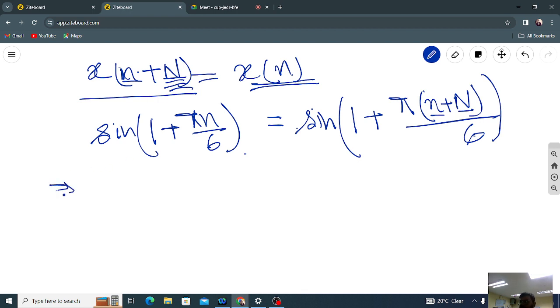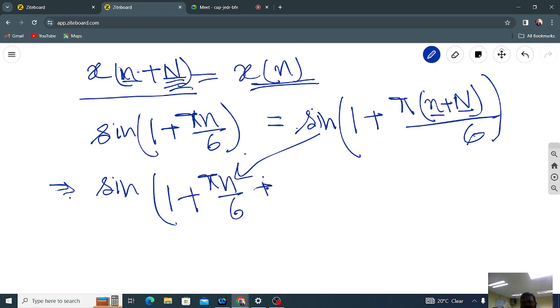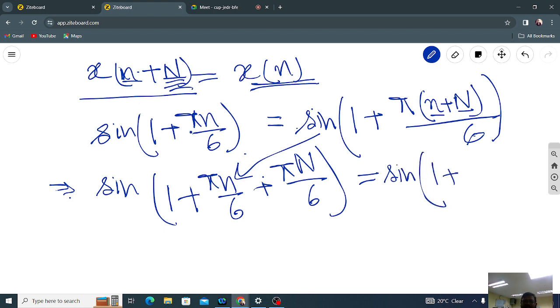So if we solve this, this function will be sine of 1 plus pi n by 6 plus pi capital N by 6, and it should be equal to sine of 1 plus pi n by 6.